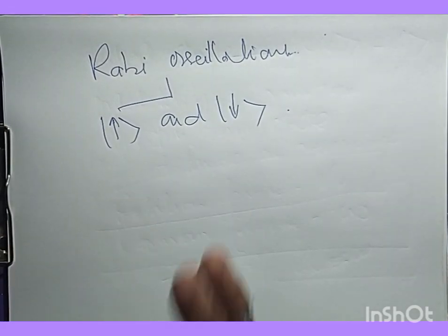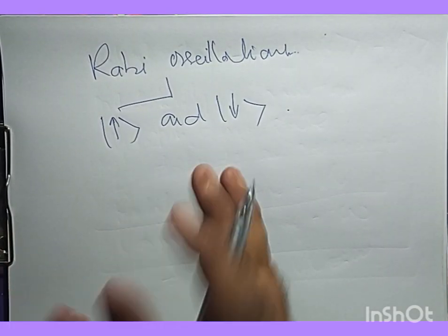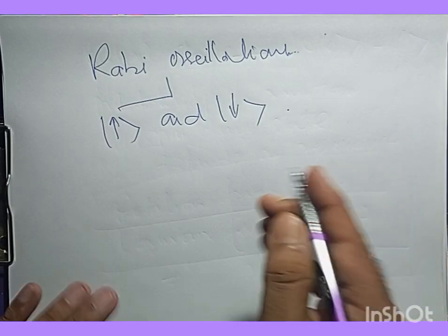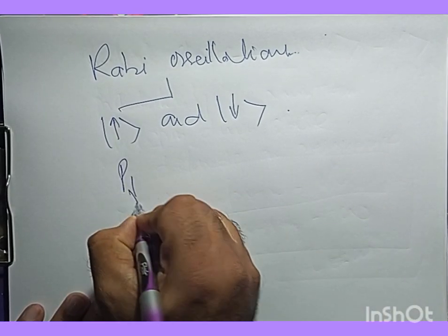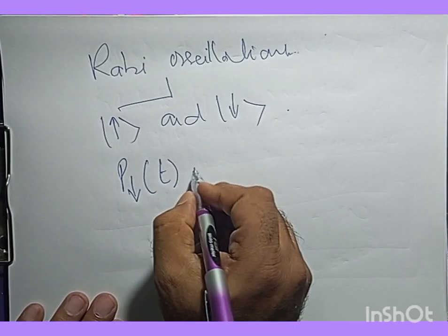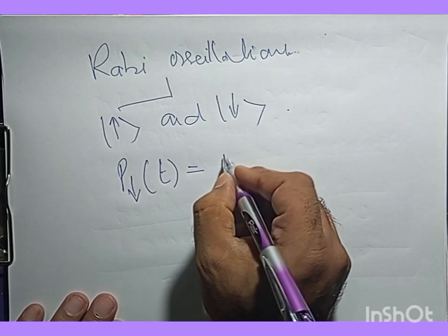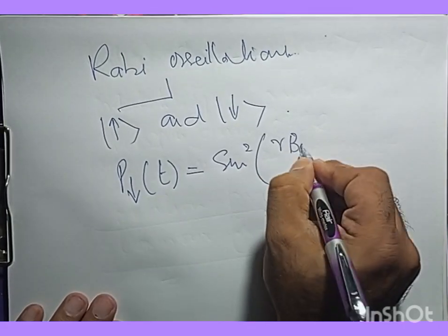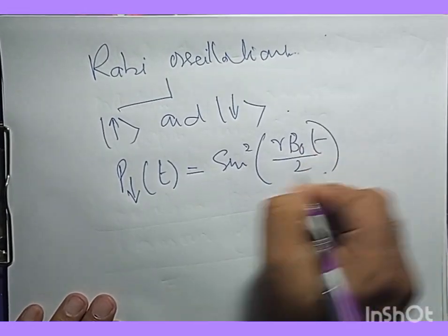The probability of finding the electron in the spin down state at time t is given by P equal to sine square of gamma B naught t divided by 2.